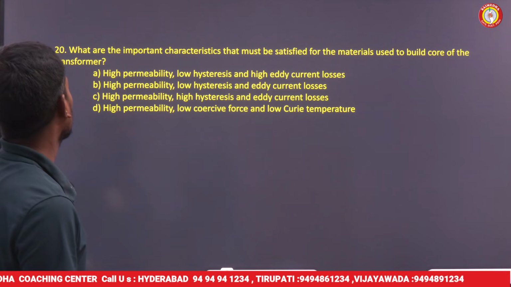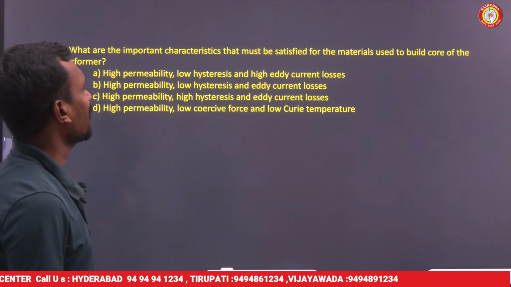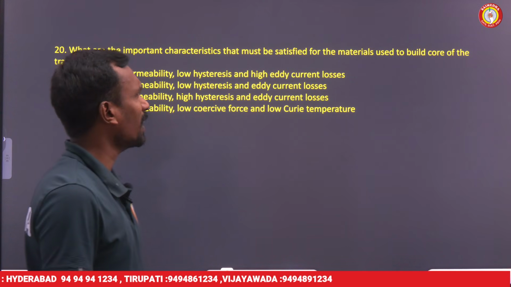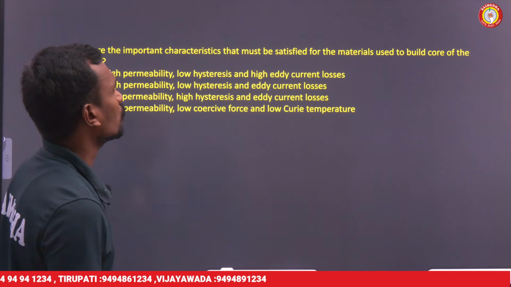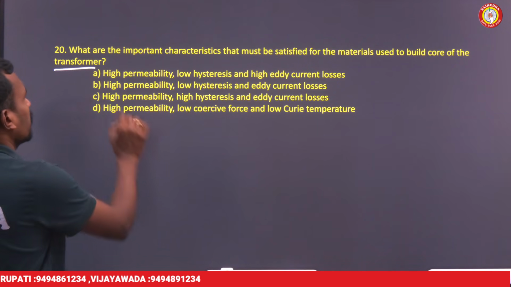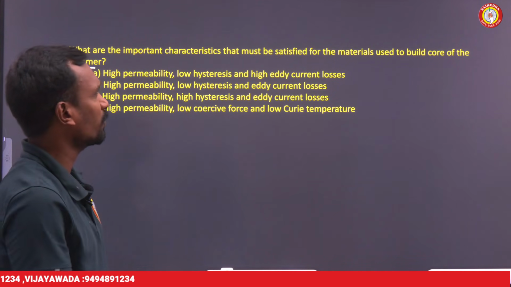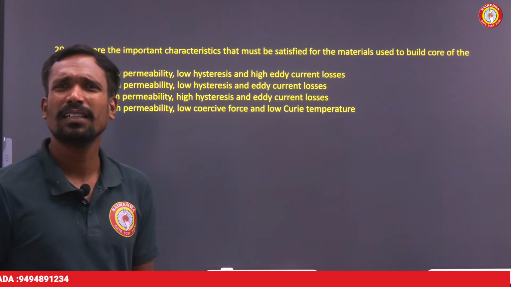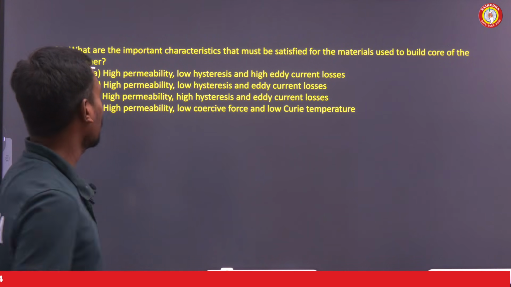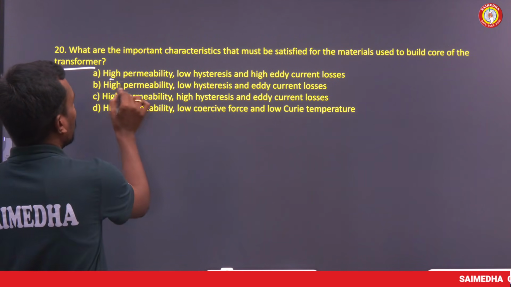Next and last one. What are the important characteristics that must be satisfied for the material used to build the core of a transformer? Which are the satisfying parameters? Yes, can you tell me? High permeability, ultimately.